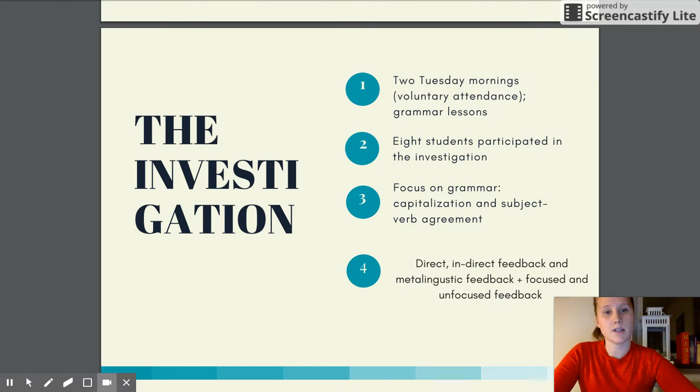On that lesson, the focus was on grammar, and I talked with my supervisor, and we agreed on focusing on capitalization and subject-verb agreement. And as I said before, the students received direct, indirect, and meta-linguistic feedback. And it was both focused and unfocused feedback, which I will return to in just 1 minute.